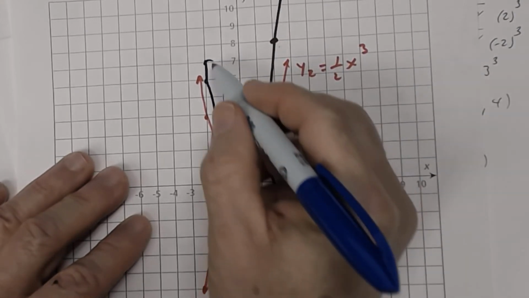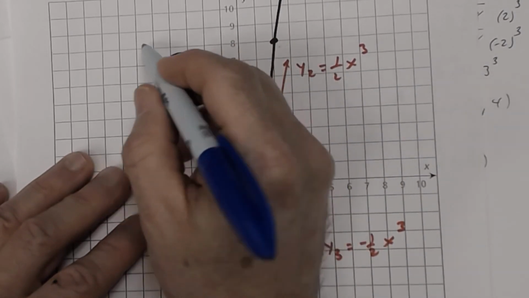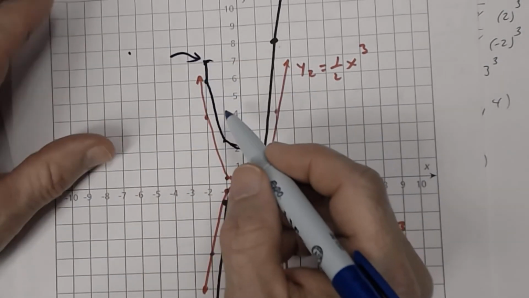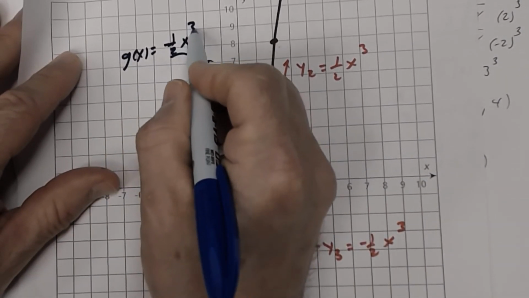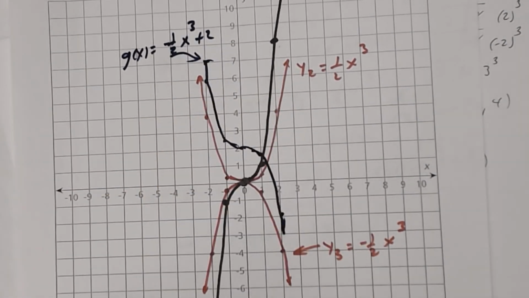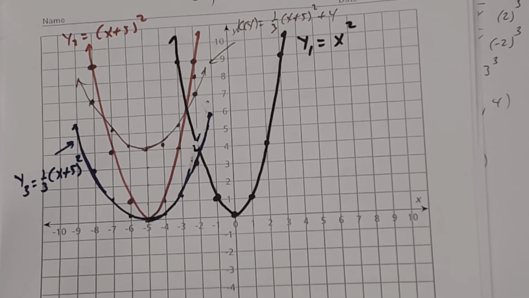This right here is our function, g of x equals negative 1/2 x cubed plus 2. It got a little messy. x cubed gets messy, and depending on your transformations, the others can get messy too.